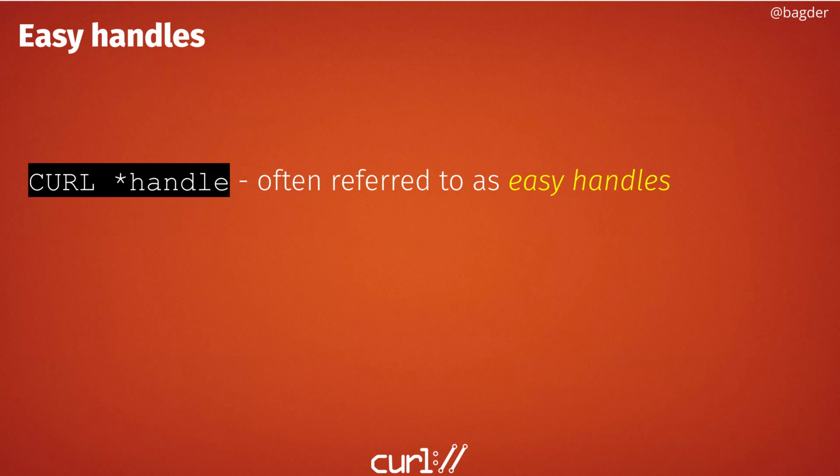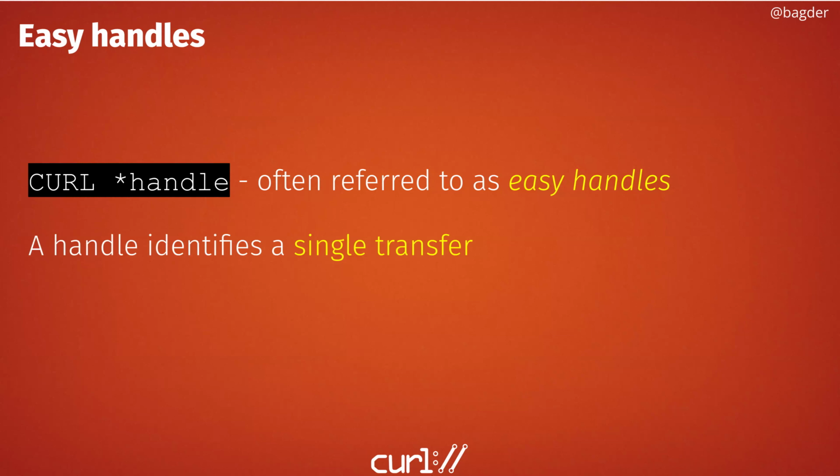We refer to that as an easy handle. It's a handle to a transfer, a single transfer. So you create one of those handles. That handle identifies a transfer. You can reuse that handle. If you do one transfer with the handle, you can do a follow-up transfer after the first transfer, and then you do the third transfer, the fourth and fifth.